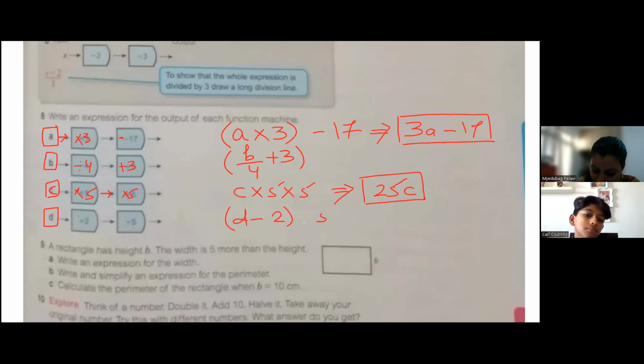So it's d minus 2 and then divided by 5, right? So how will we write divided by 5? Like this. This will be the expression, d minus 2 over 5, our output. Understood how we're going to do these questions? Yes. Can I erase it?